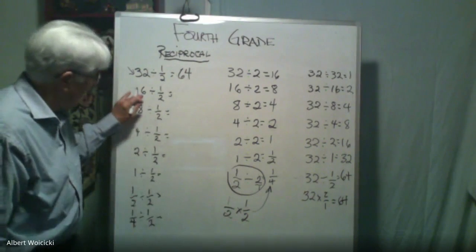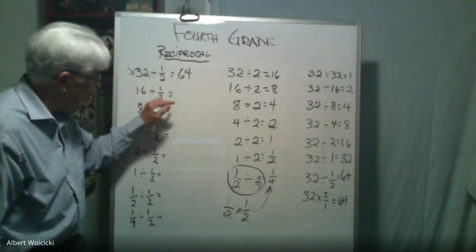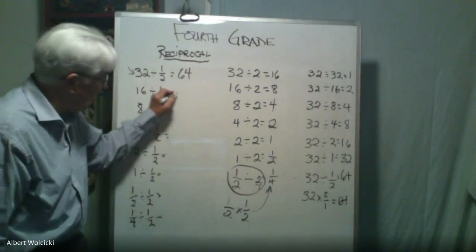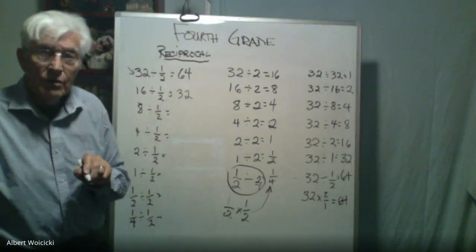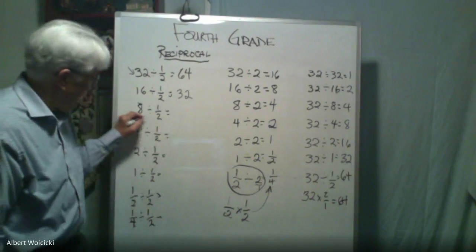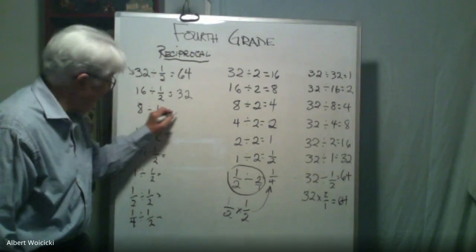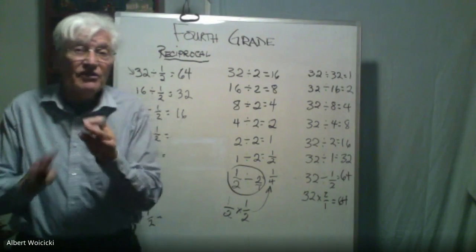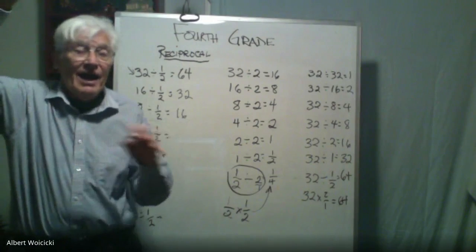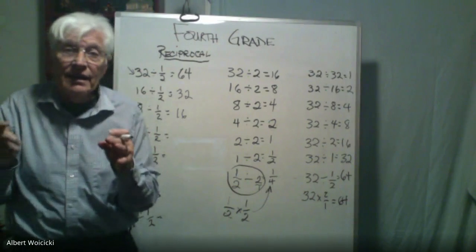So if 16 is divided by a half, it should be half of 64. It should be 32. And then 8 divided by a half is going to be 16. And someone's going to say, stop, I think I get it.